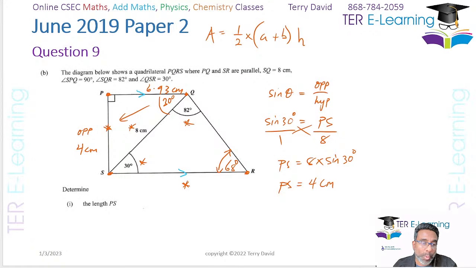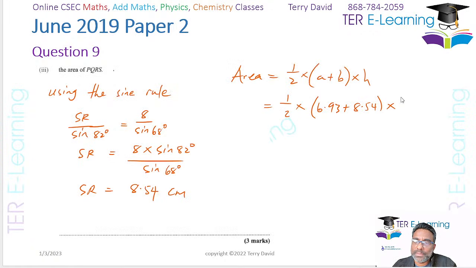The height was 4. I'm getting 30.94. So that's the area of my trapezium.